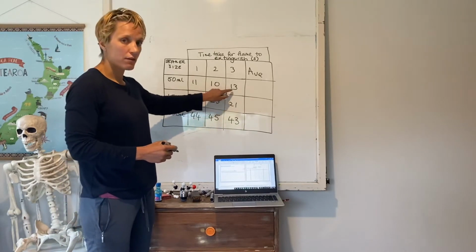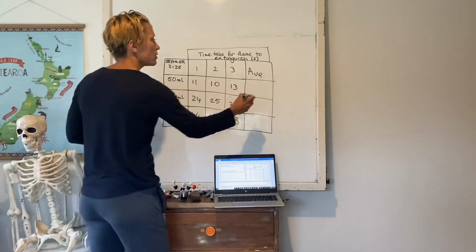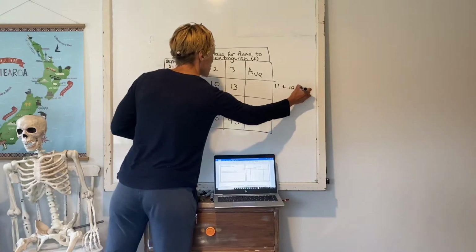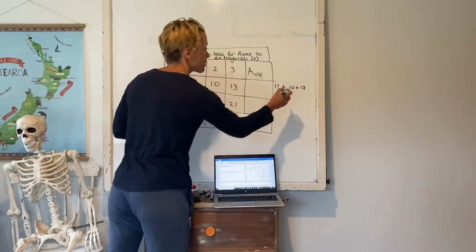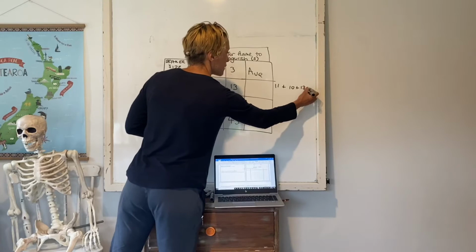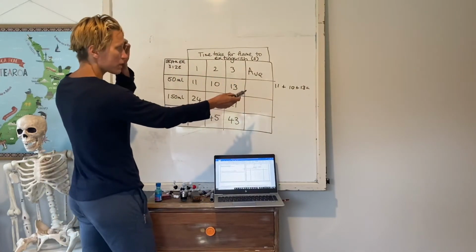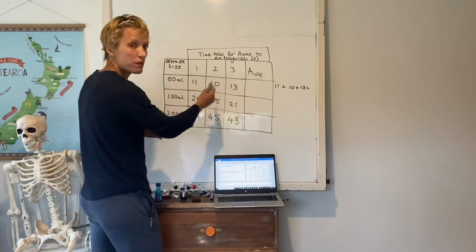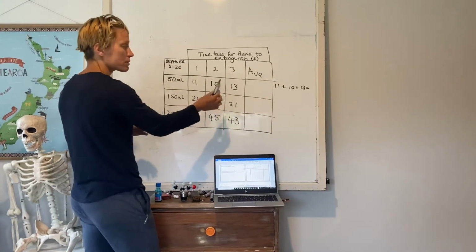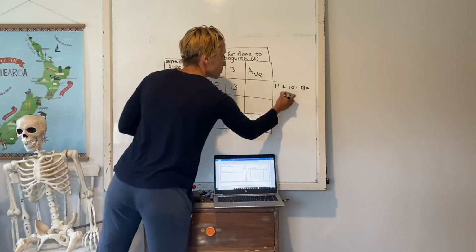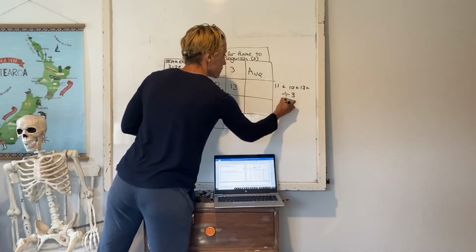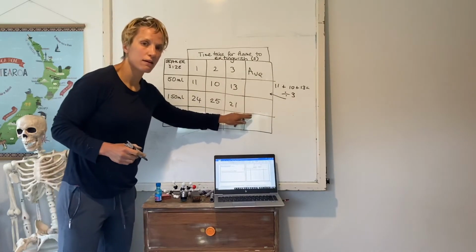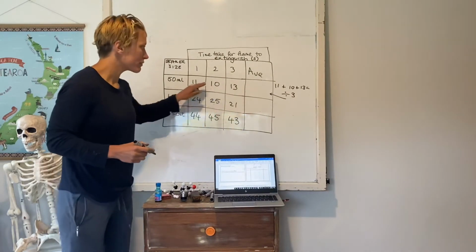You add them together, so for this one, in your calculator, you'd write 11 plus 10 plus 13, then you press equals, and you get a result, which for that one would be 34. And then you divide your result by the number of things you added together. So because we added 3 numbers together, we would then divide by 3, and that would go in there. Make sure that the number that goes in here is similar to these numbers.